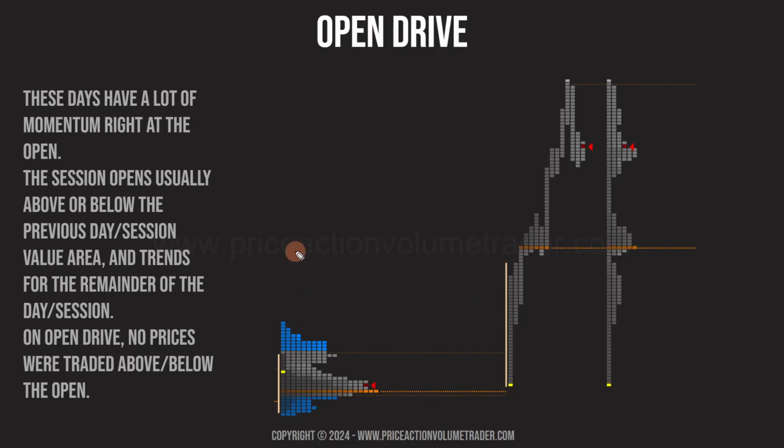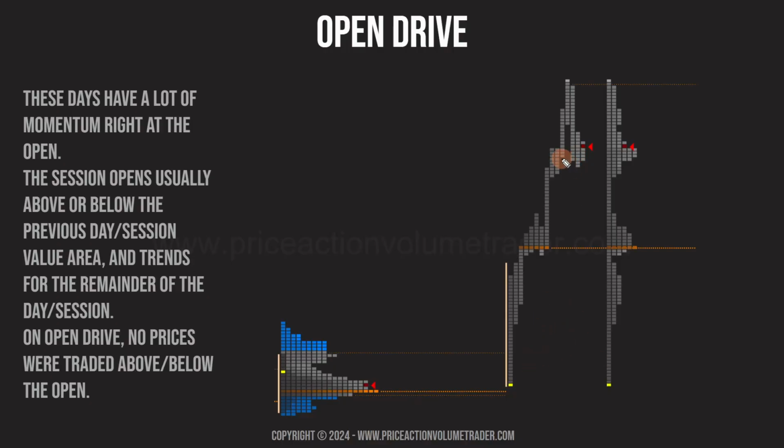Here we have the extended trading hours, and here we have our regular hours, and you can see how the market opened up. In this case, we did open within the value area of the extended trading hours, but then right from the start, we literally did not even push one tick to the downside, but instead we just started pumping really aggressively.